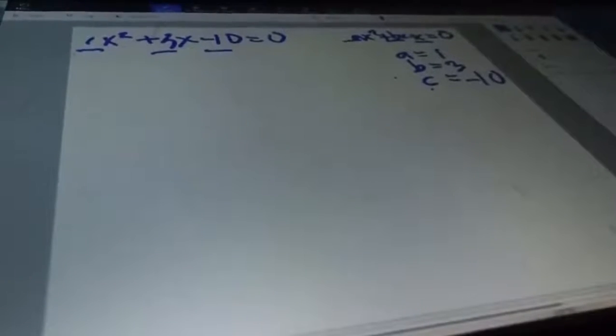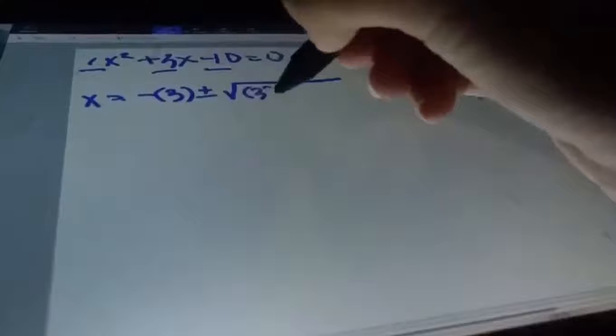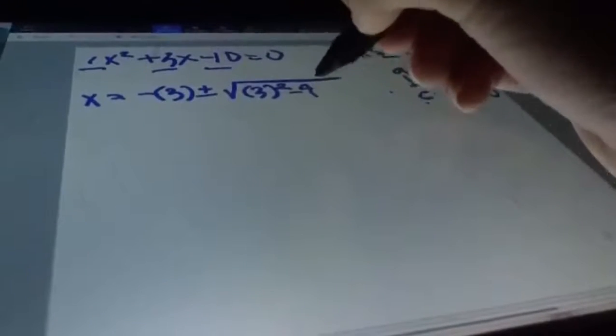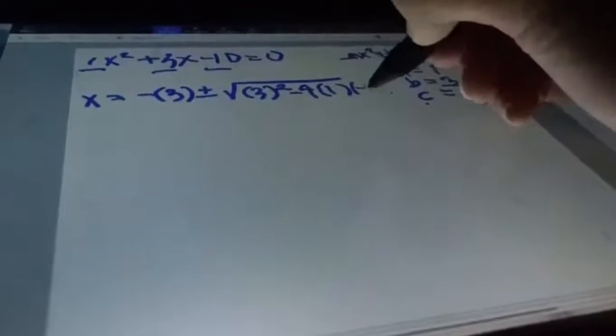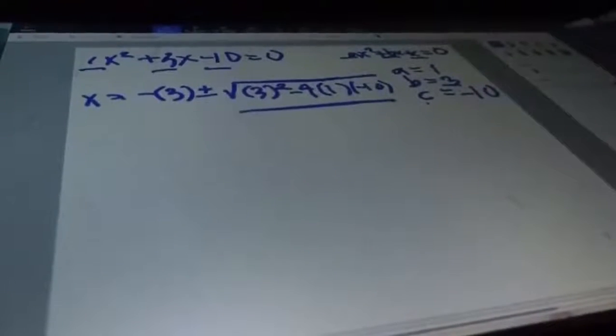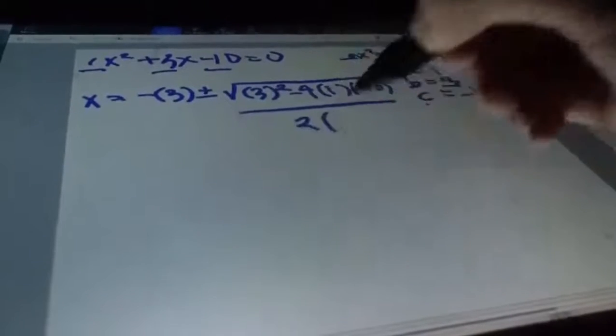So now, next, ang gagawin natin is i-replace natin yung variables dun sa quadratic formula, which is x is equal to negative b, which is 3, negative b, positive negative, square root of b squared, which is 3 ulit, minus 4, ang value ng a is 1, and yung value ng c is negative 10. All over 2, ang value ng a is 1.